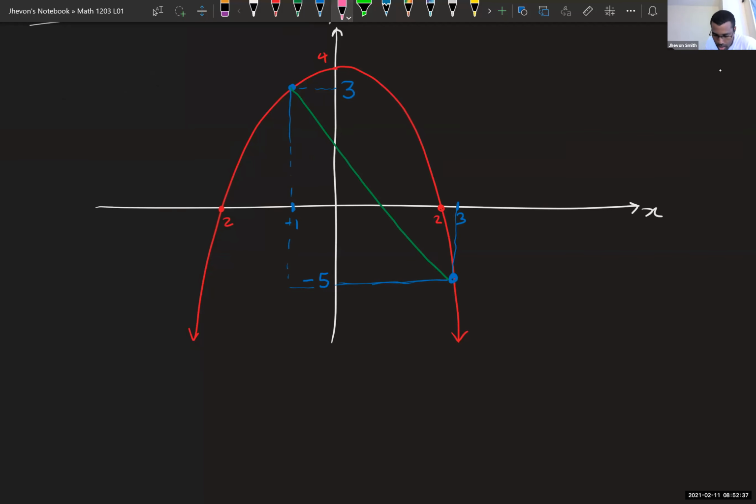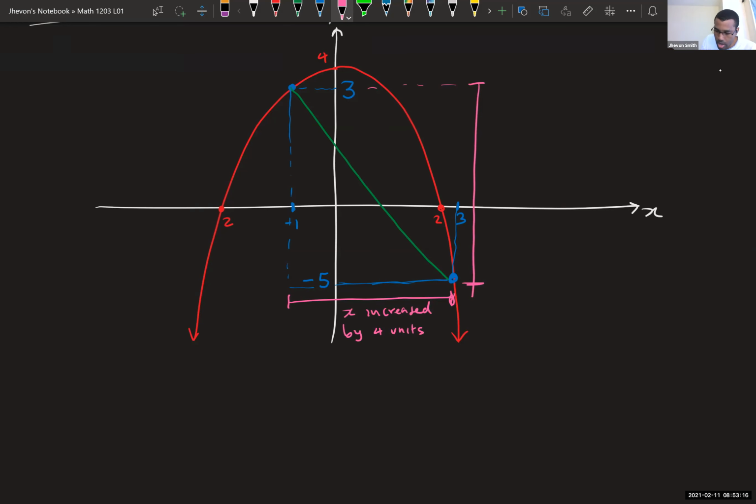I want you to notice that if I look at the x distance, how far did we travel? Well, there are 4 units here. X increased by 4 units. Now, in that same span of time, what happened to the y value?